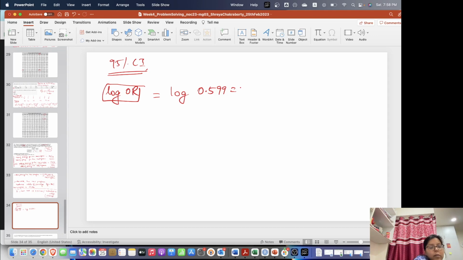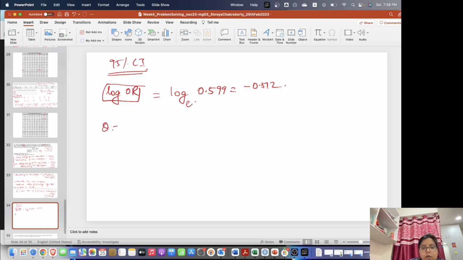This is log with base e, not base 10. So this is ln 0.599, which is minus 0.512. This one in the notes is mentioned as theta, and the standard error of theta is given by the square root of 1 by n1 plus 1 by n2 plus 1 by n3 plus 1 by n4.